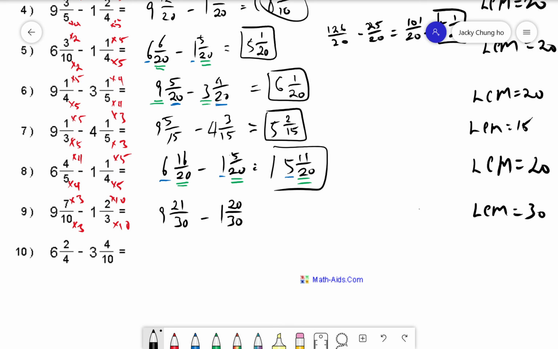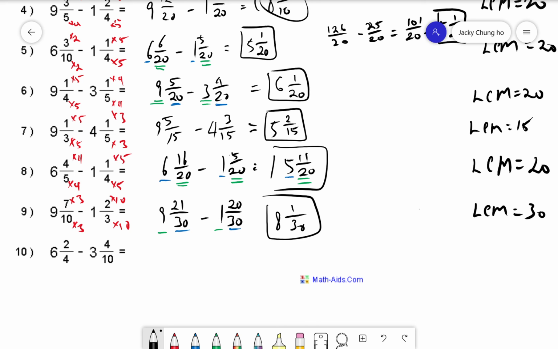Okay, so 21 over 30 is still enough to subtract the 20 over 30, so take care of that first. 21 over 30 minus 20 over 30, you will have 1 over 30. Now you can take care of the whole numbers, 9 minus 1, which is 8. So 8 and 1 over 30 will be your final answer for number 9.